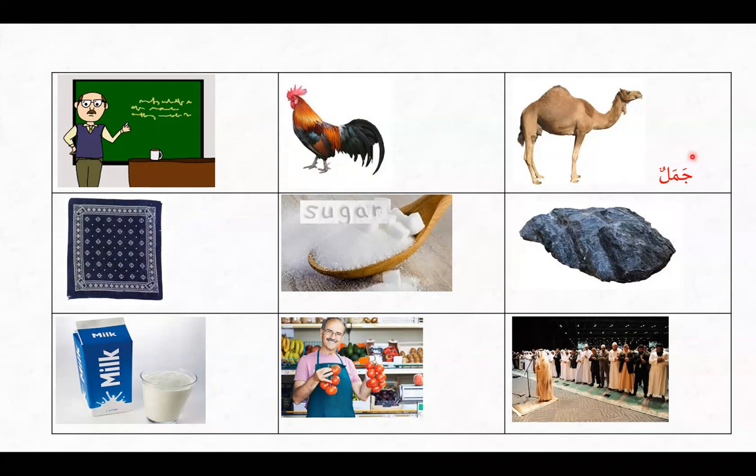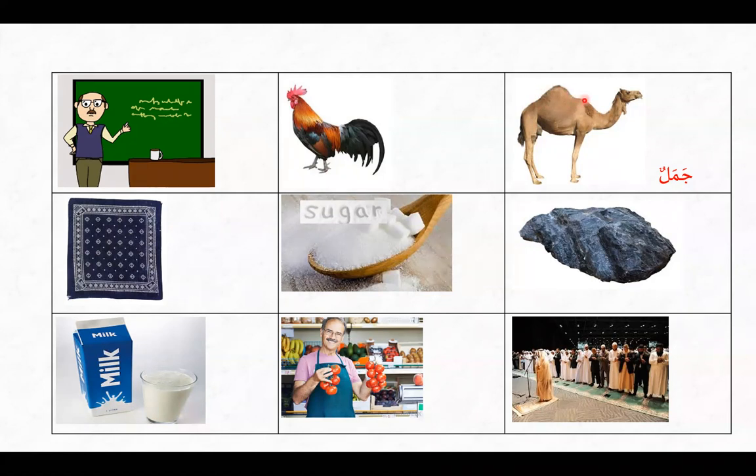So we have Jamalun, camel. And we all probably, when we went for Hajj, went to Jabalur Rahma, Jabal, with a ba instead. It's a mountain. Here the camel seems as though there's a mountain, a jabal, on its back.